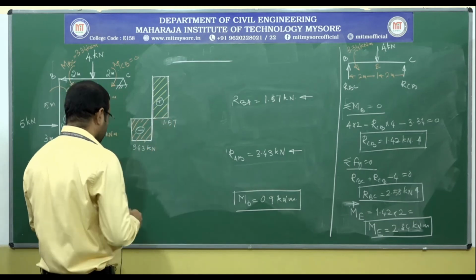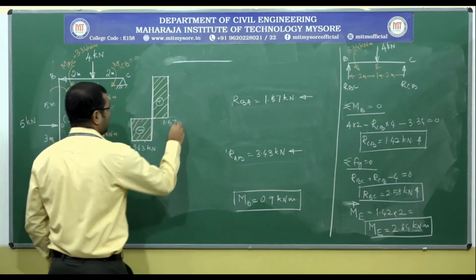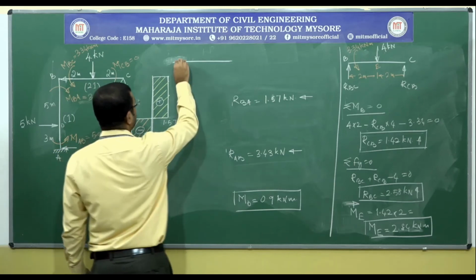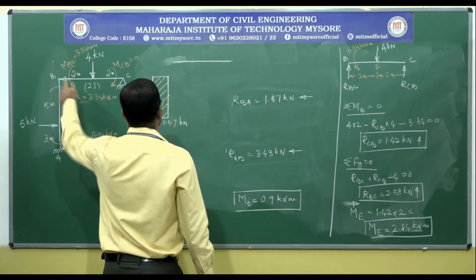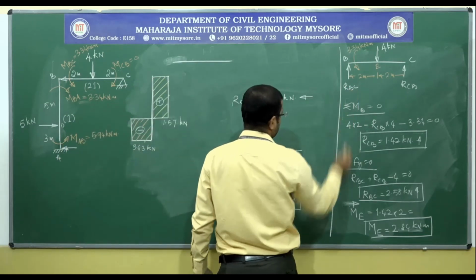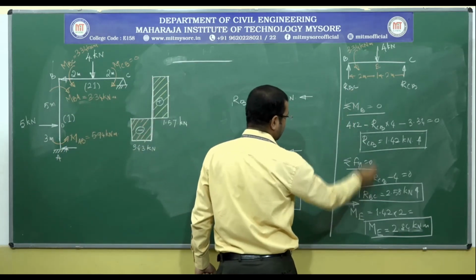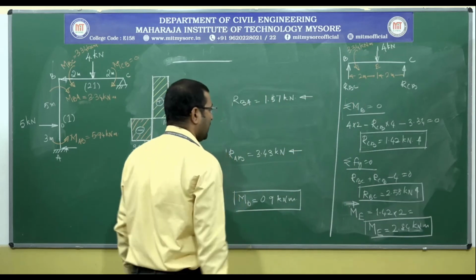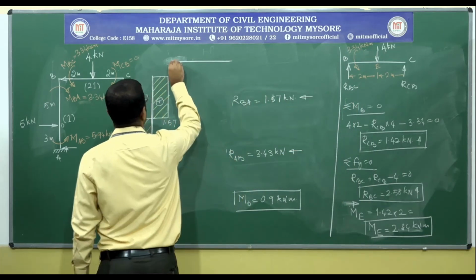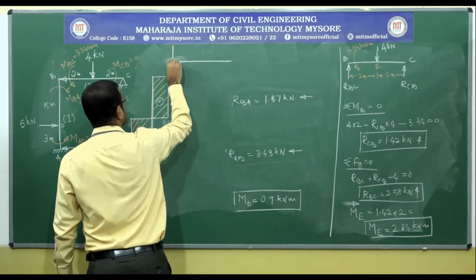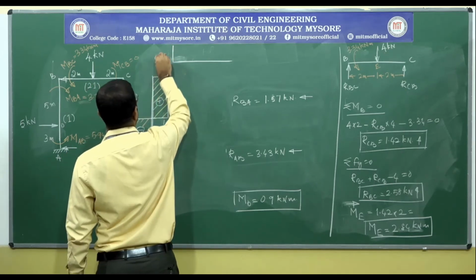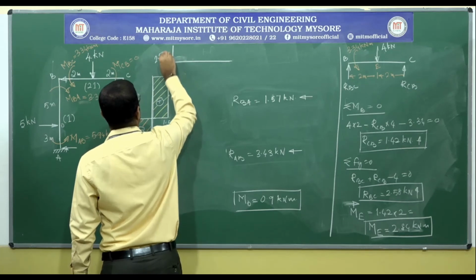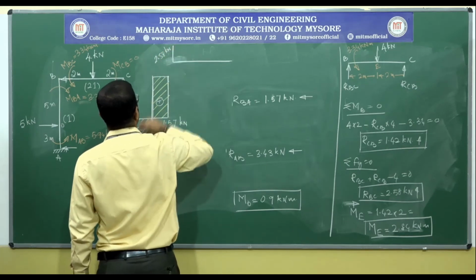Right. Similarly, I need to draw the shear force diagram for the member BC. For member BC, at the B point we have a support reaction RBC which is acting vertically upwards. So I have to take the line upwards, that is 2.58 kilonewtons.